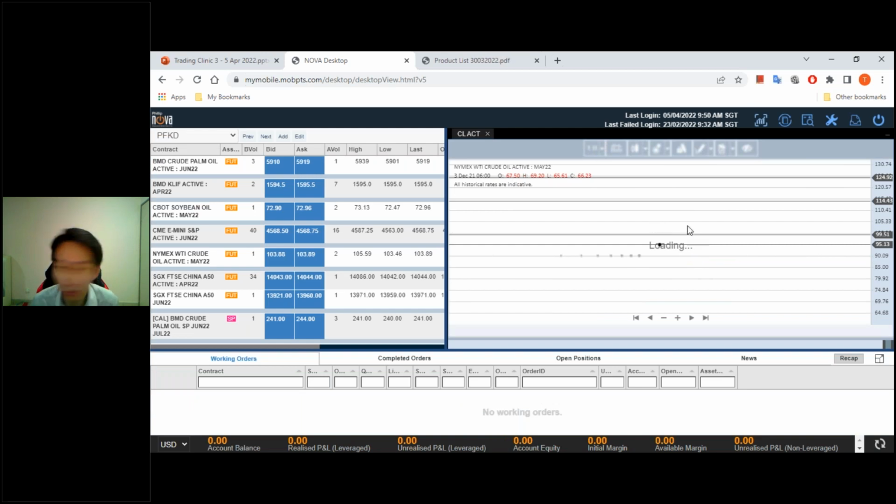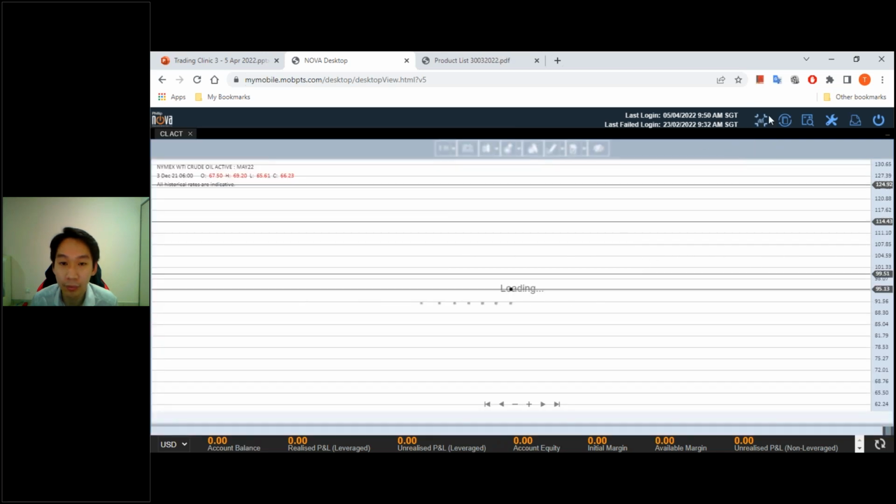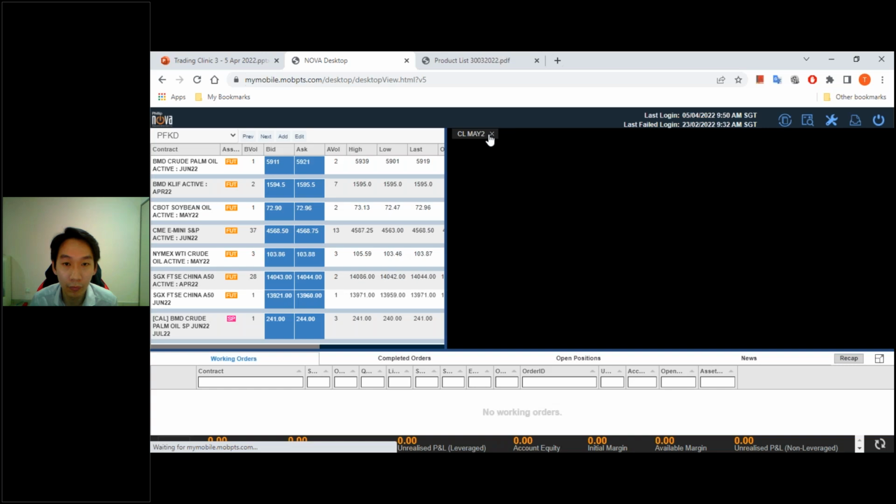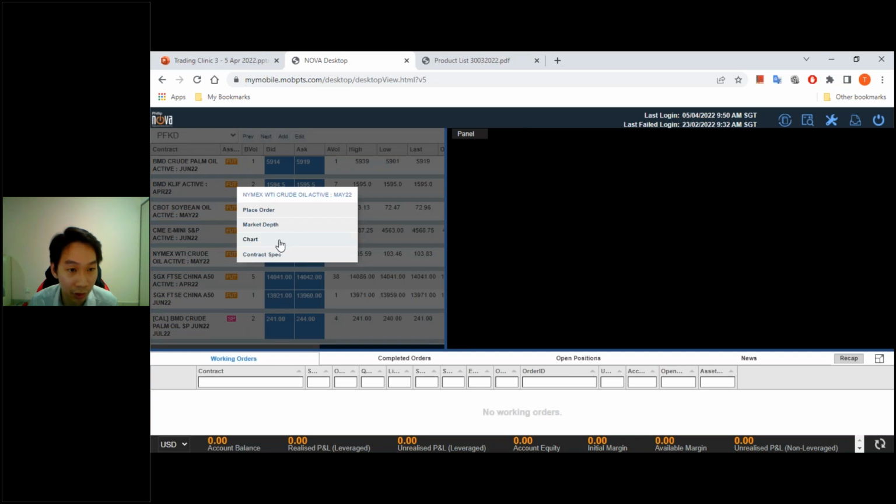There's a lot of applications going on. I opened so many windows, it takes up a lot of RAM.